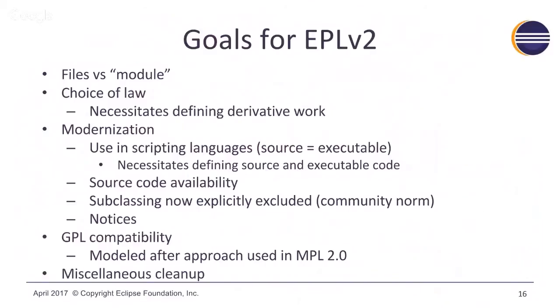Interpreting the license with a US-centric interpretation was viewed as problematic by some. Changing this means we're going to have to add some definitions, because by choosing a specific legal framework you can avoid certain definitions, but in this case we need to define derivative work.